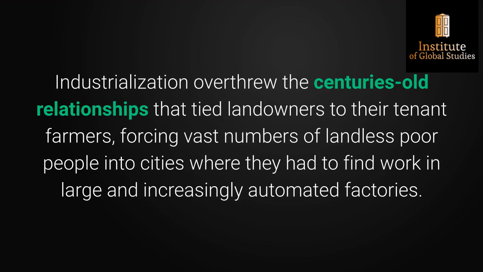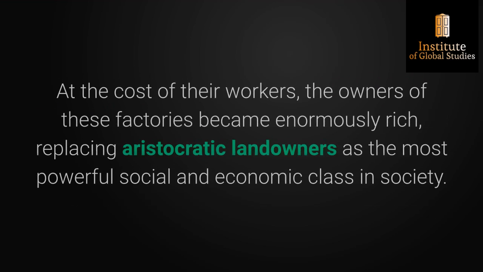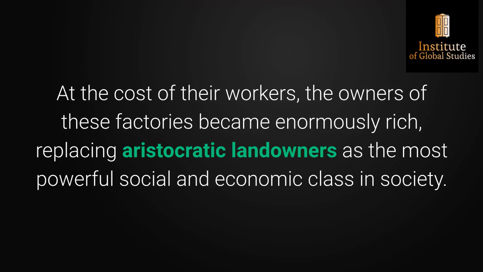Industrialization overthrew the centuries-old relationships that tied landowners to their tenant farmers, forcing vast numbers of landless poor people into cities where they had to find work in large and increasingly automated factories. At the cost of their workers, the owners of these factories became enormously rich, replacing aristocratic landowners as the most powerful social and economic class in society.